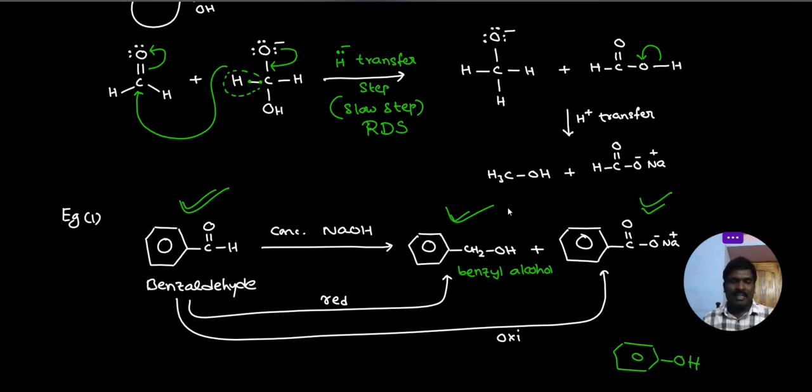Sometimes benzaldehyde with concentrated base is given, with 4 options. In one of the options, phenol plus sodium benzoate is given. But which is the correct option? Benzyl alcohol and sodium benzoate, not phenol plus sodium benzoate. Clear? So very important.